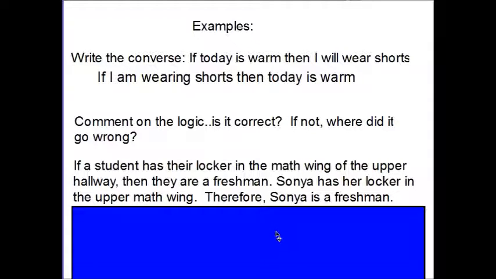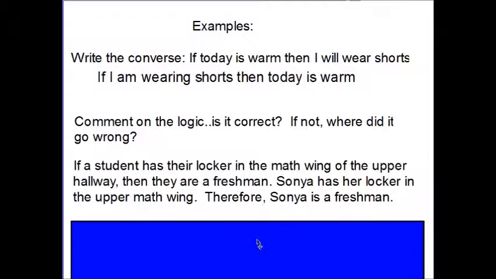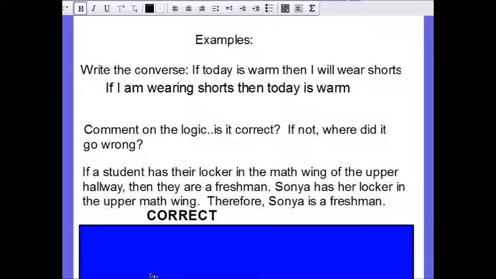The hypothesis, the initial statement, assumes that the locker is in the math wing of the upper hallway. The conclusion is that everyone in there is a freshman. So if Sonia's locker is in that upper math wing, does it mean she's going to be a freshman? Absolutely. That logic is absolutely correct.